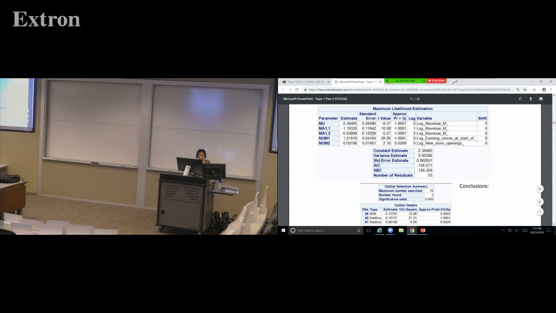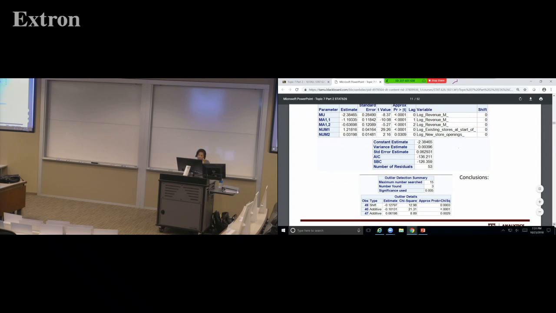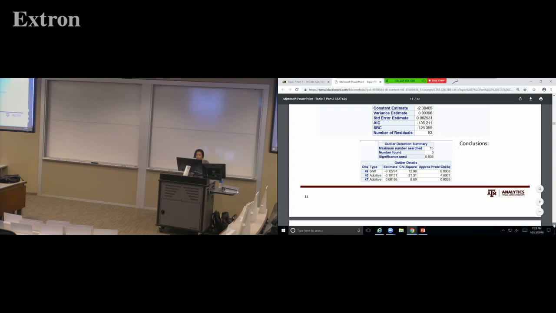The moving average parameters are also significant. Using SAS, we're always checking to see if any outliers are detected, and it detected 2 additive outliers and 1 level shift. But before we move into allowing for those additive outliers and that level shift, take a look at the residuals.